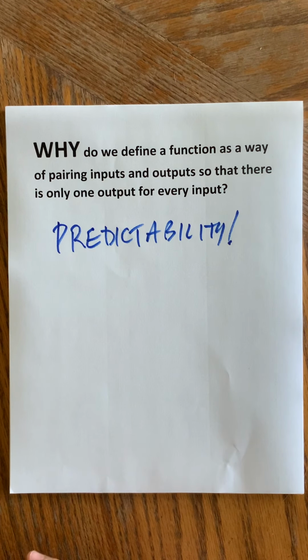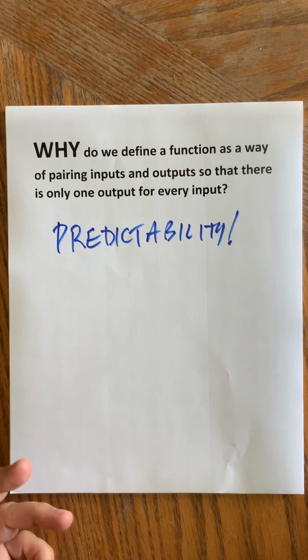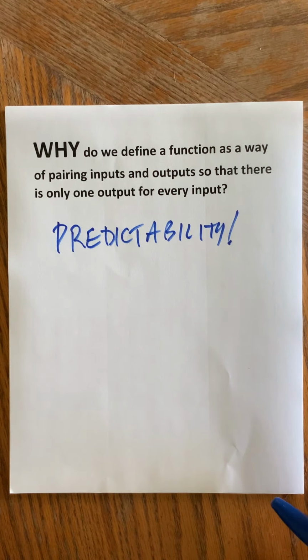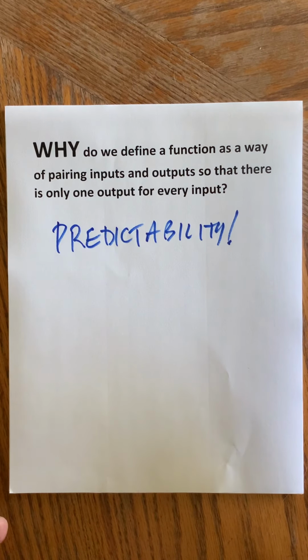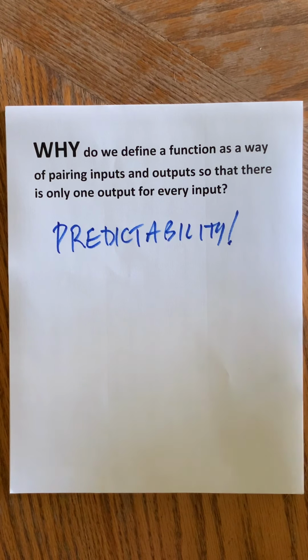So, for example, take your car. Sure, how your car operates may change over time or under severe conditions. But in general, let's say over the period of a month, or even longer, you can pretty much count on how your car is going to operate. So if you're used to putting, let's say, 10 gallons of gas in your car, you know more or less how far you can drive.